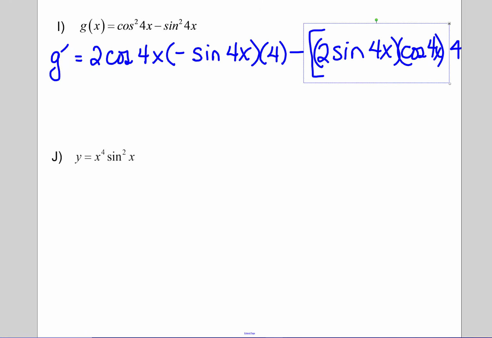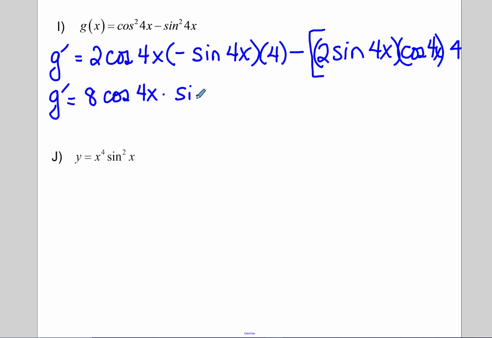Let me move this over a little bit, give myself some room here. Okay, so we're going to clean that up. And what does that look like? We've got a negative 8 cosine 4x times sine 4x in our first piece. And over here we've got a negative 8 cosine 4x sine 4x.